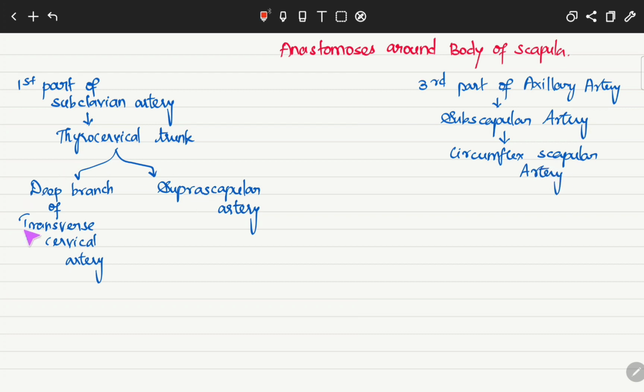So these three arteries, the deep branch of transverse cervical artery, the suprascapular artery and the circumflex scapular artery, in turn anastomose with each other over the body of the scapula. So in simple terms, the anastomosis around the body of the scapula can be called the anastomosis between the first part of the subclavian artery and the third part of the axillary artery.